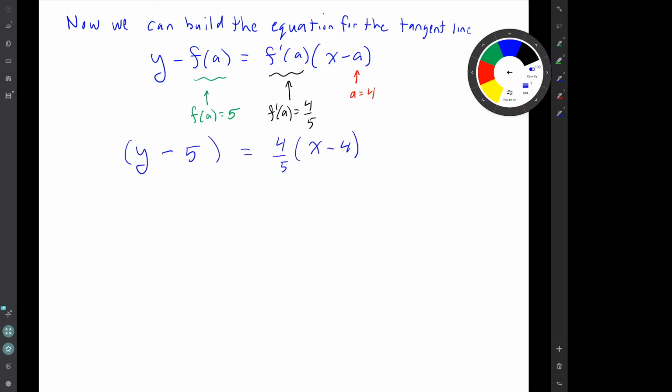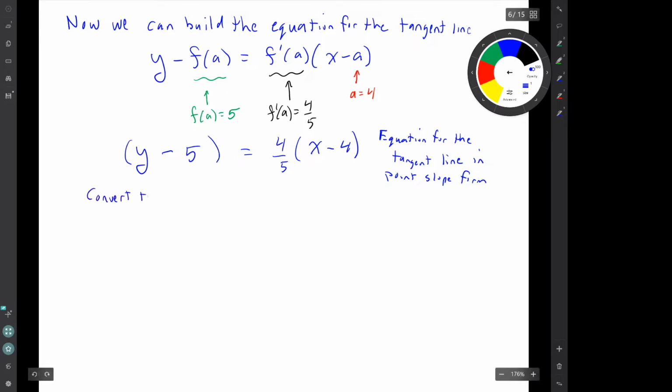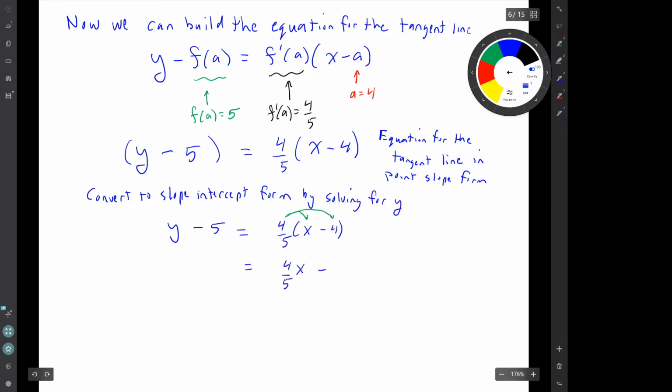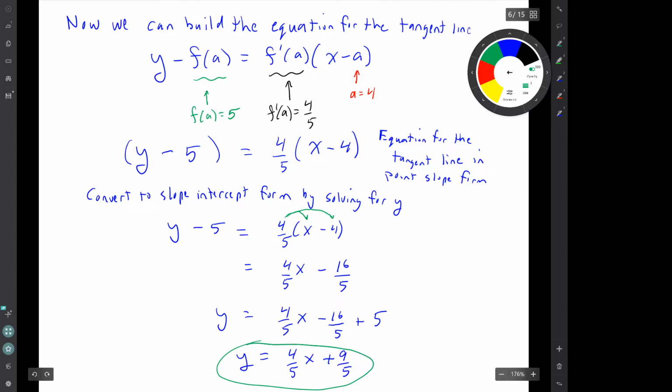That's our equation for the tangent line, but that's in point-slope form. Let's convert the equation to slope-intercept form by solving for y. So when we solve that equation for y, we get y equals 4/5 x plus 9/5. So there's our equation for the tangent line.